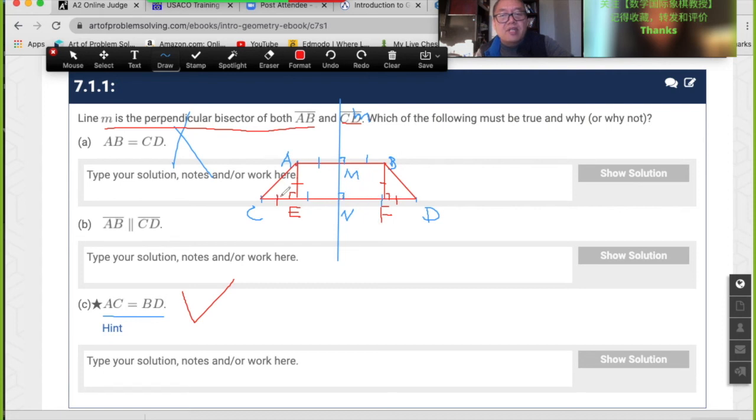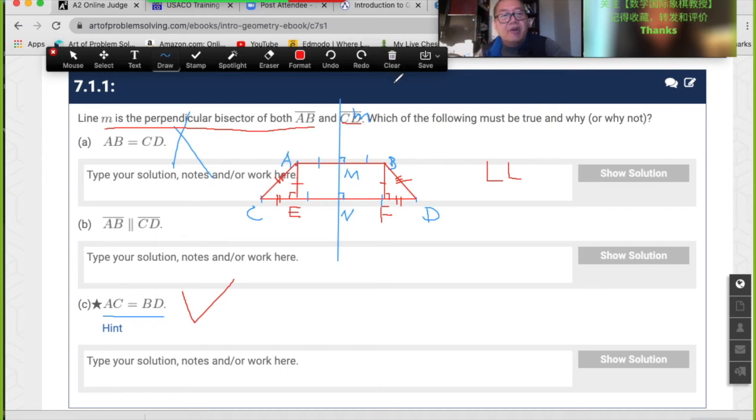So that means CE also equals DF. Then in these two right triangles, we use leg to get that these two right triangles are congruent. Therefore, their third side, the hypotenuse, also should be congruent. So that means this is true, guaranteed, they are equal.